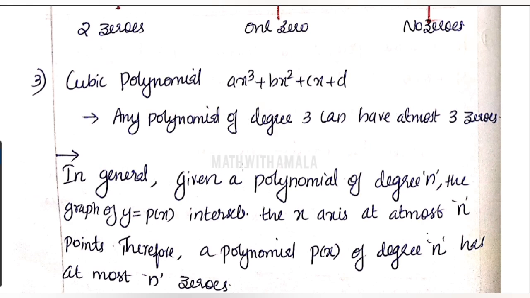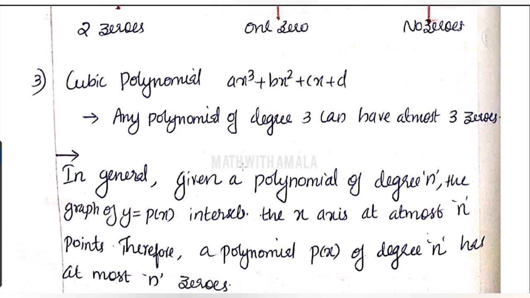Now let us discuss the case of the cubic polynomial. ax cube plus bx square plus cx plus d is the cubic polynomial. Here also, by graphical representation, you can see that there are 3 points where the graph meets the x-axis. So any polynomial of degree 3 can have at most 3 zeros.